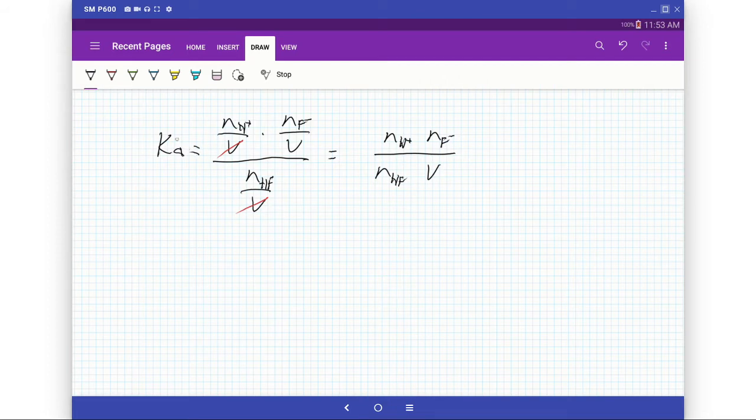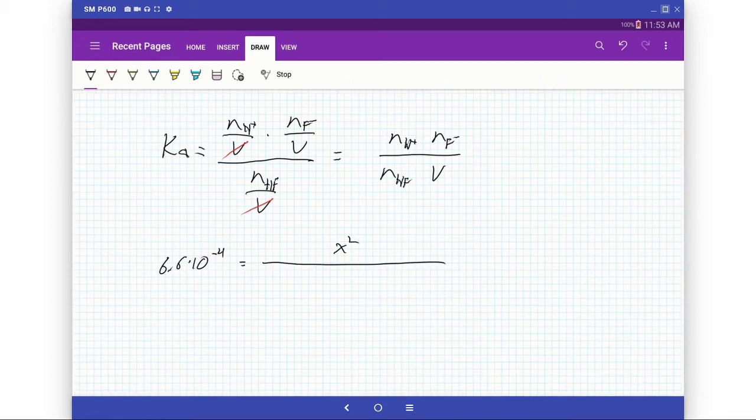When we substitute in numbers, you get this expression there.